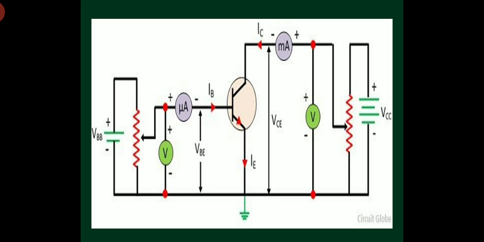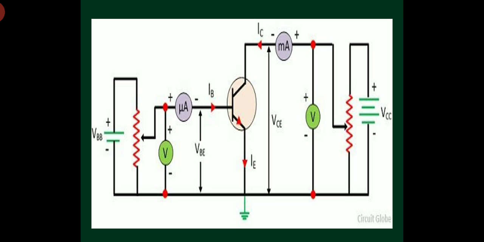So in double subscript notation, I call it VCC. Here the voltmeters measure the voltage at the input and output terminals, right? So VBE is the voltage developed at the base and emitter region, and VCE is the voltage developed at the output junction.